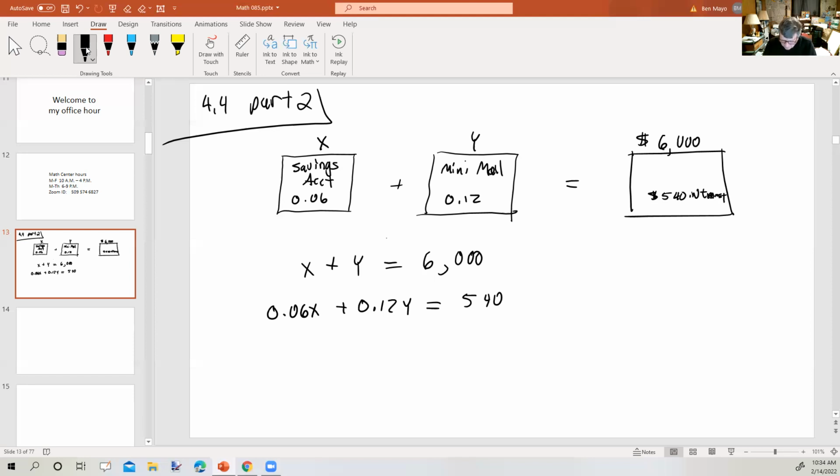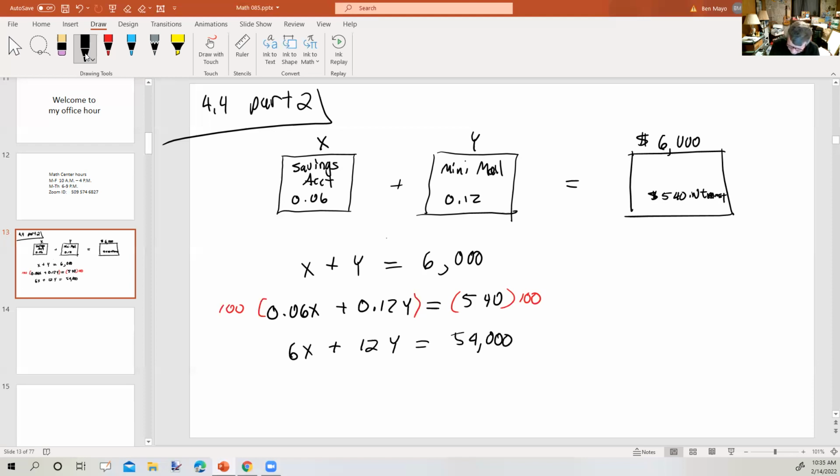Okay. So we've got our two equations. What I'm going to do, I'm going to do a couple of things. I'm going to take the bottom equation and clear out the decimals. And I'm going to do that by multiplying both sides of the equation by 100. That gives me 6x plus 12y equals 54,000.